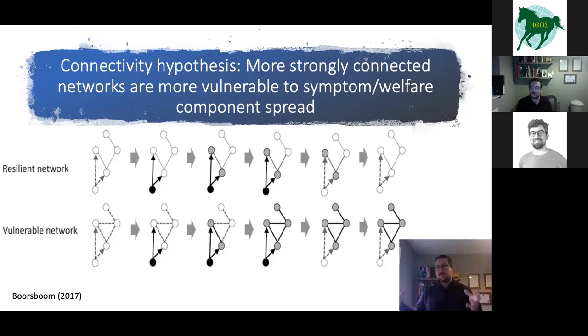If we find evidence to support this hypothesis, and we measure 2 groups, and one group has a more strongly connected network than the other, we might conclude that group's welfare is compromised because they are at greater risk of ending up in more compromised states.